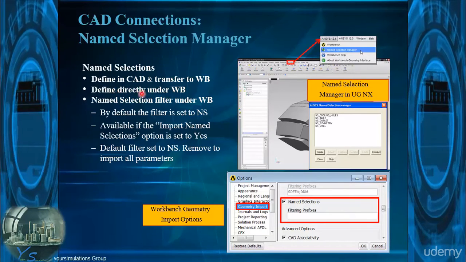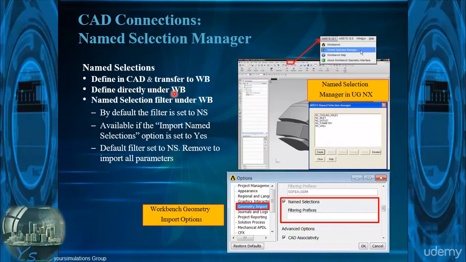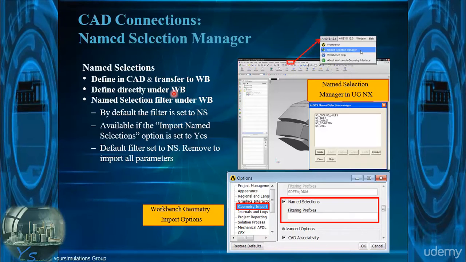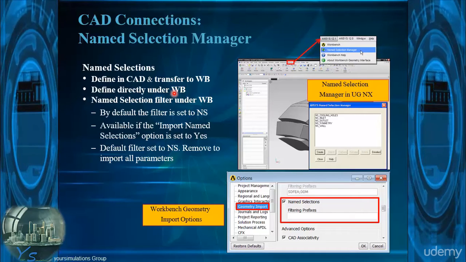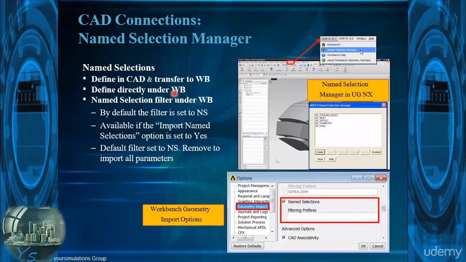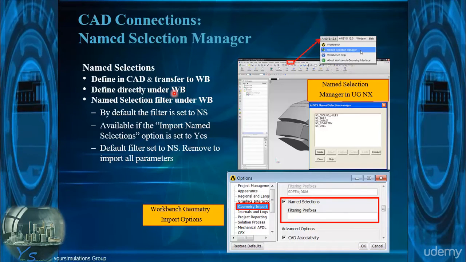And they can be defined directly under Workbench as well. It's not necessary to define them only in the CAD system, and indeed we could combine them as well. So we could create some name selections in the CAD system, bring the geometry across into Workbench Design Modeler, and then we can create some additional name selections there if we needed to as well.